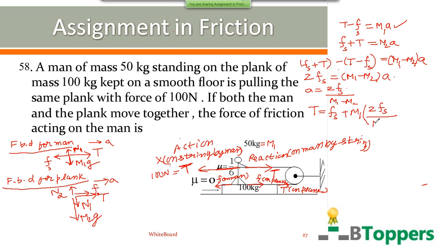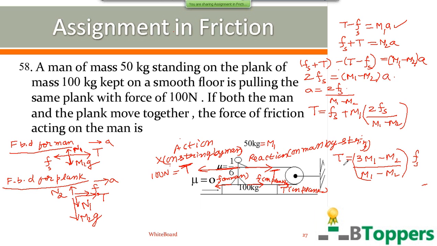2Fs by M1 minus M2. So therefore you get T equal to 3M1 minus M2 by M1 minus M2 by Fs.